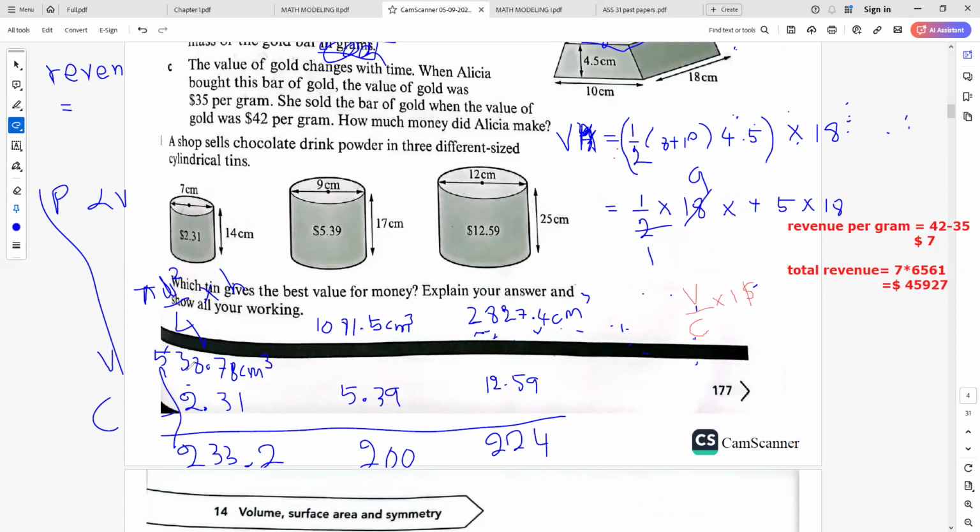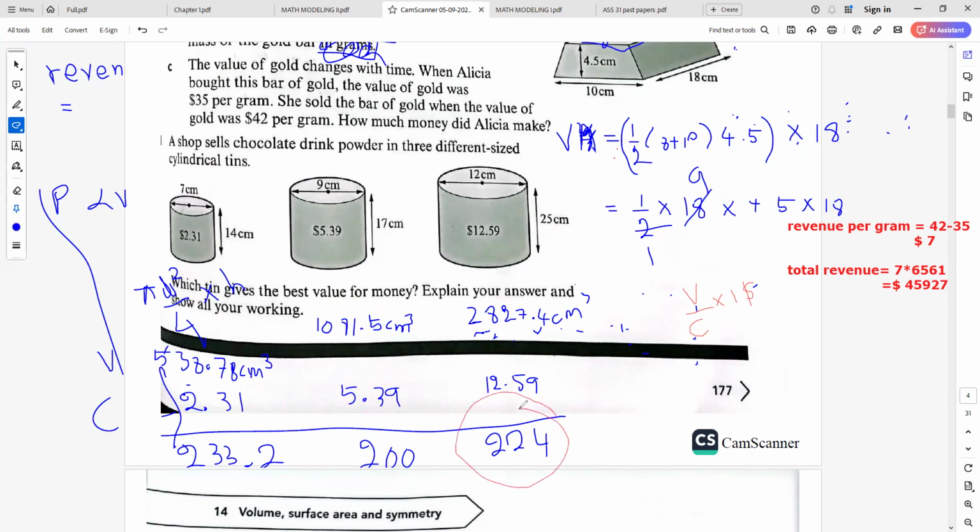So per $1 from the first tin, I get 233 centimeter cube, which means milliliter. For the second, I get only 200, but here I get 224 milliliter. So if I get more volume for $1, that tin would be best for the money we spend.